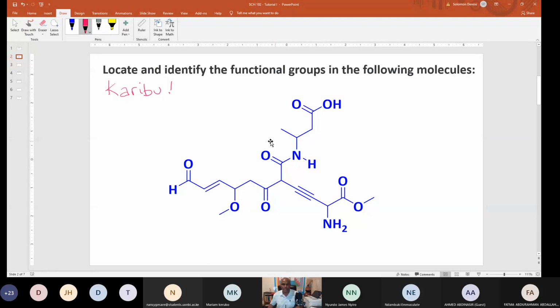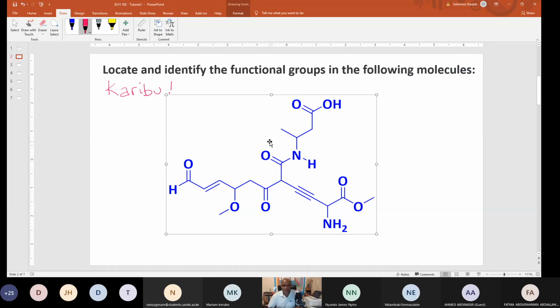I have identified this one, and as you can see, it gives a very good representation of all the other questions we are asked to locate functional groups for. This molecule is a multi-functional group molecule, an organic compound that has several functional groups.